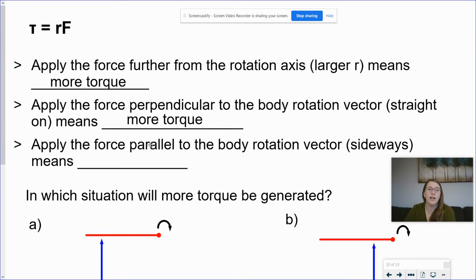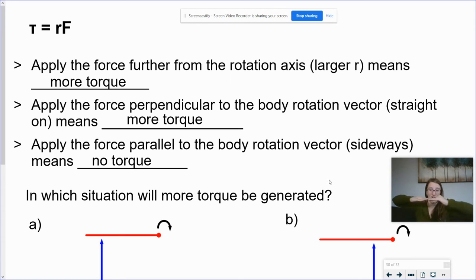Now, last thing, if you apply the force parallel to the body rotation vector, what this means is sideways. If you can imagine, a door is kind of open, but to keep pushing it open, instead, you push where the lock is, and you're trying to push it that way, it's not going to move. There's no torque, yeah? So again, if this is my door swinging open, that would be like pushing right here.